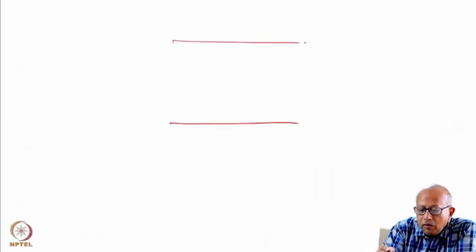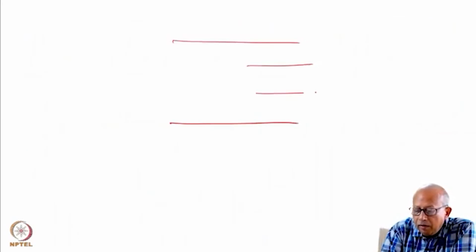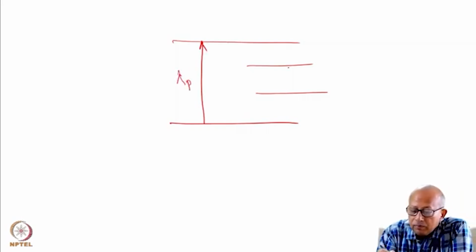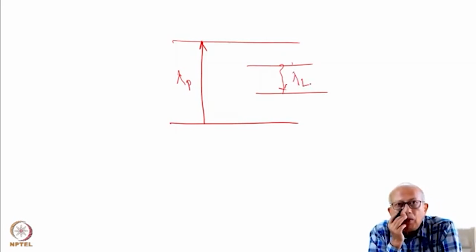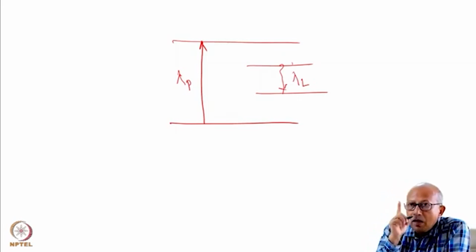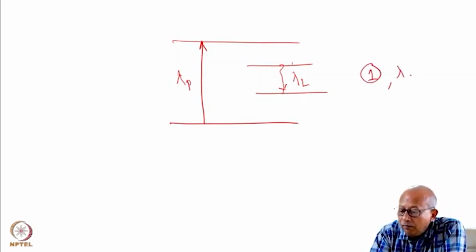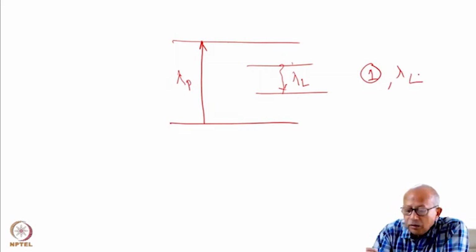Suppose this is our energy level diagram. This is the pump wavelength, lambda p, and the lasing occurs between these two levels. The wavelength of lasing is lambda L. Therefore, to get a single photon of wavelength lambda L, what is the photon's energy?